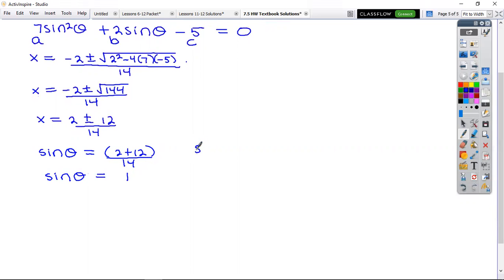And then my other case would say sine theta is equal to 2 minus 12 over 14, which means sine of theta is -10 over 14. Okay, and now you just solve it normally.